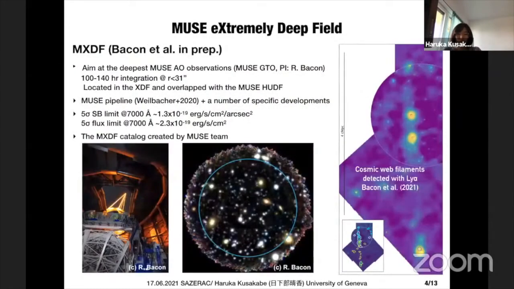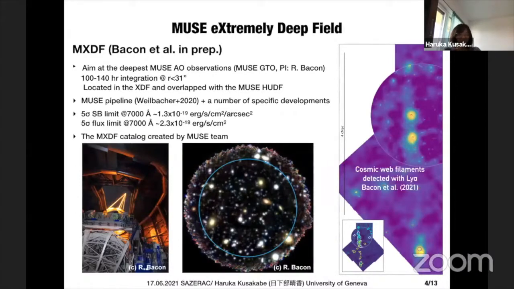So in this work, we use MUSE data from the MUSE Extremely Deep Field survey, MXDF. The MXDF aims at the deepest MUSE observations. Within a radius of 31 arcseconds, the integration time is from 100 to 140 hours. The MXDF is located in the XDF and overlaps with the MUSE Hubble Ultra Deep Field survey.